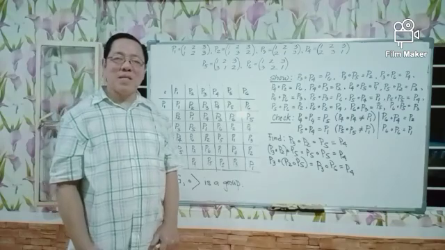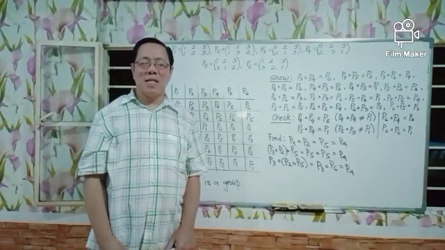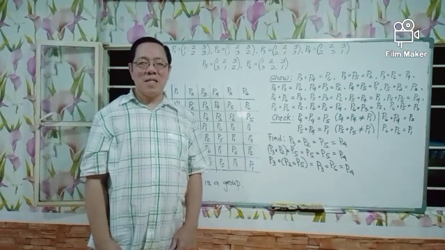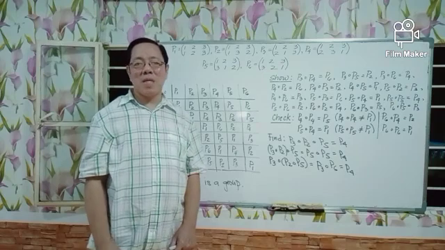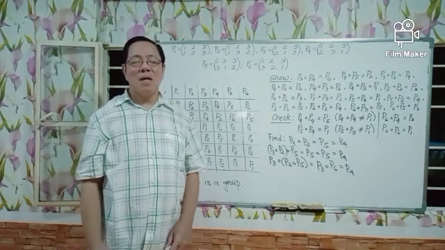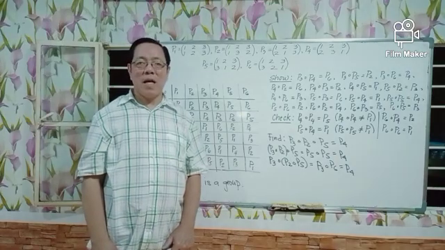Now, the second property of a group is the existence of identity element. The identity element of a group has the property that if you combine it with any other element of the group, the result is that element.